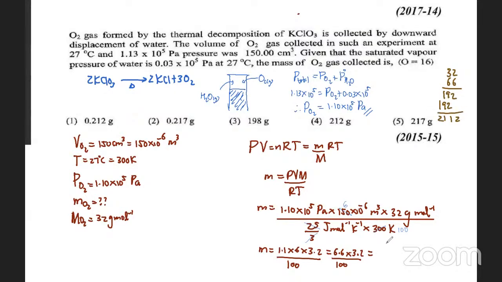I am getting a value like this, 21.12 over 100. So my answer is 0.2112 grams. That is the answer I'm getting, and that is very close to the first answer. I have made a small approximation here. Instead of 8.314, I have gone with 25 by 3, and we are getting an answer very close to this.